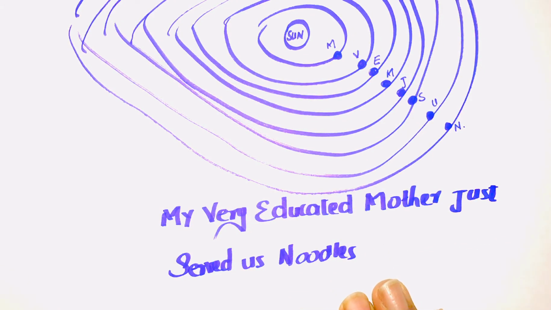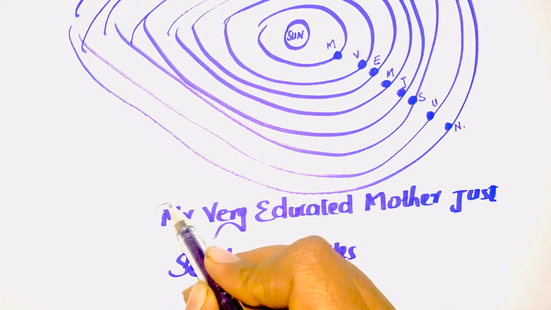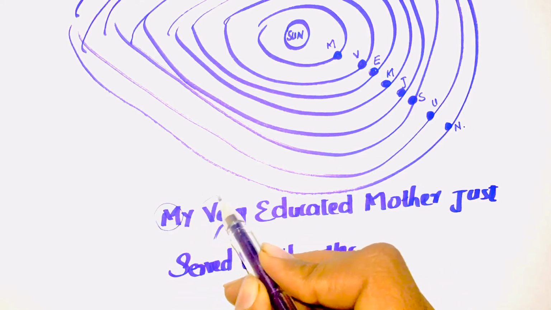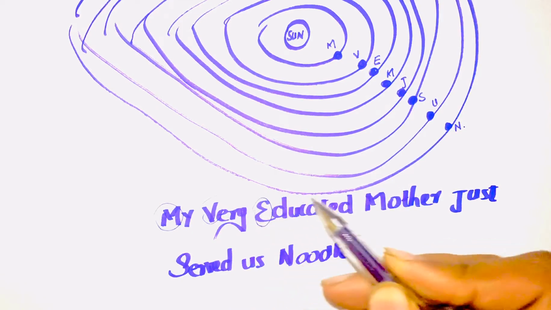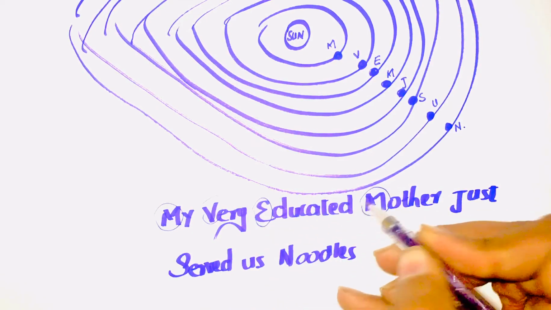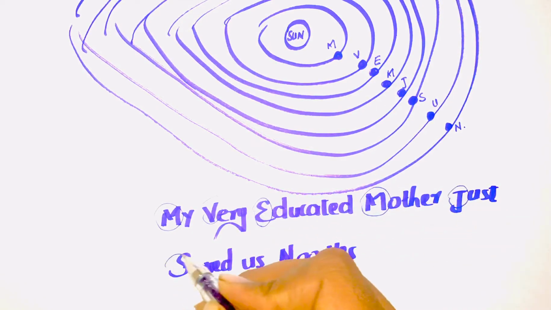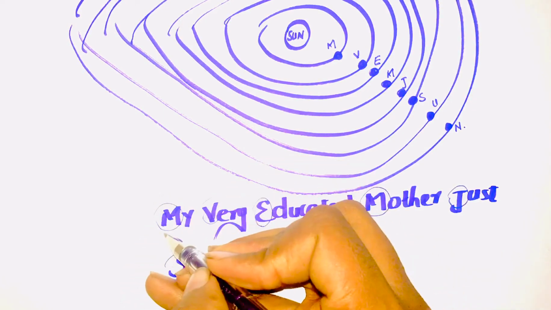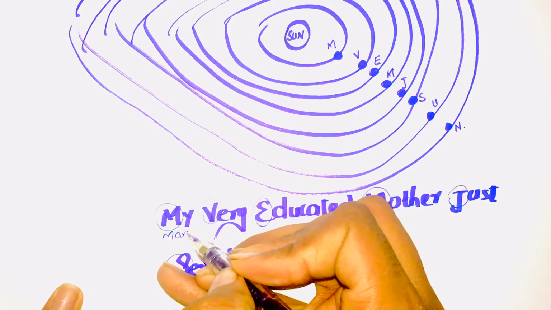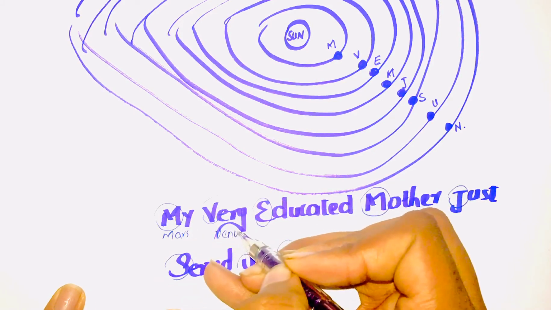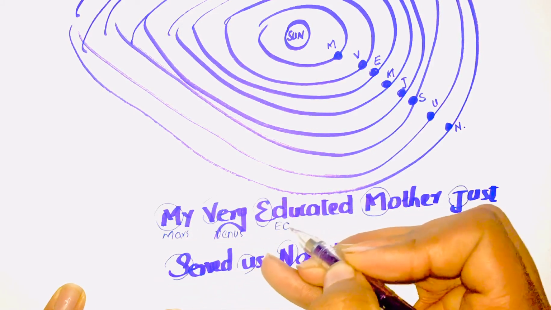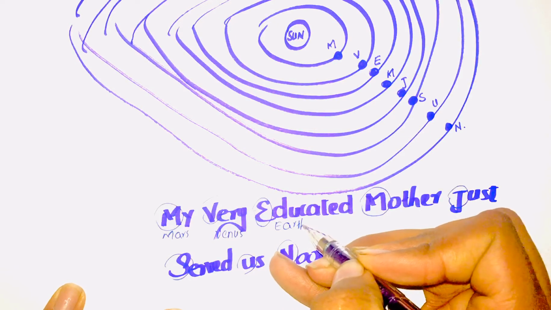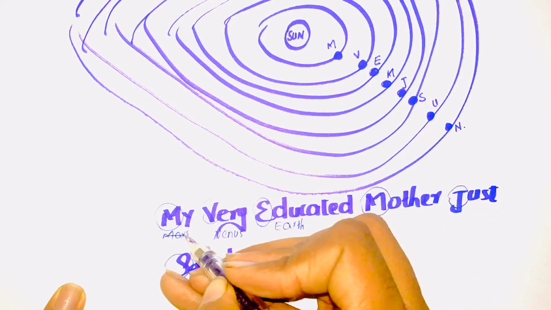You have to remember the first starting alphabet of each word which I have mentioned in my circles. This is actually Venus, this is Earth, sorry, this is Mercury.